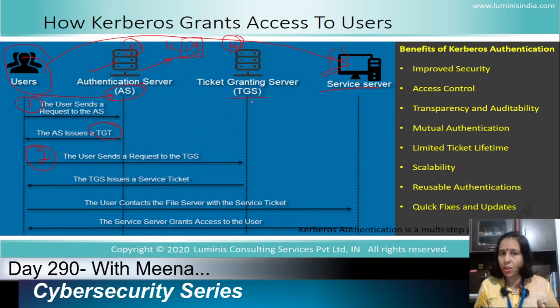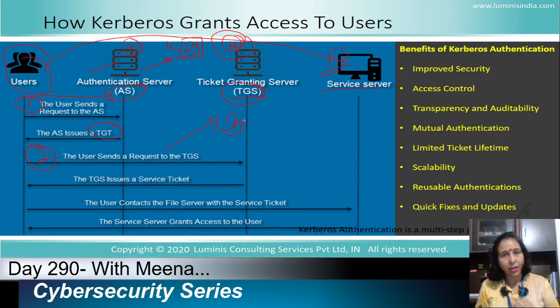Now the ticket granting server checks whether the user asking for the request is the right kind of user. The data was encrypted with the key shared between the AS and TGS, and TGS will now decrypt that data.